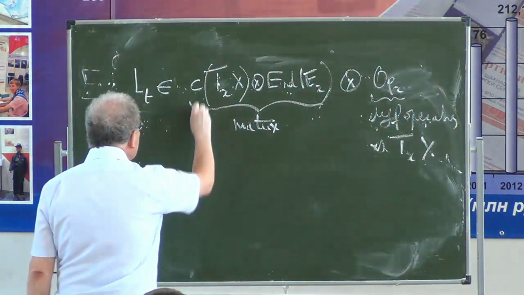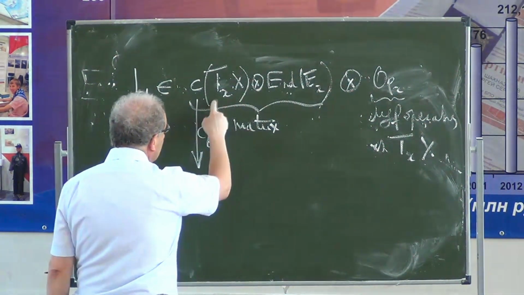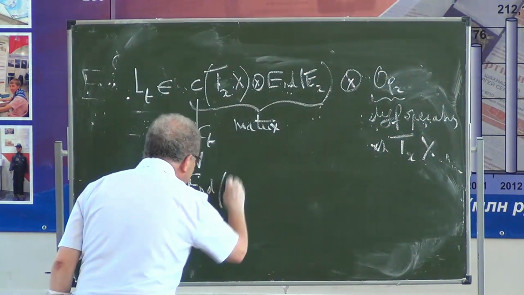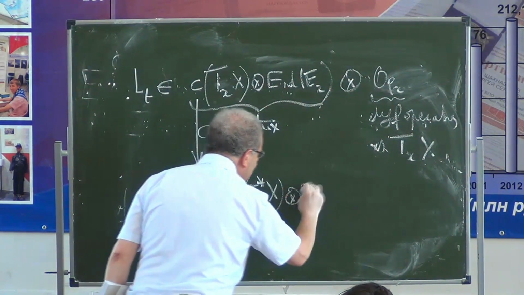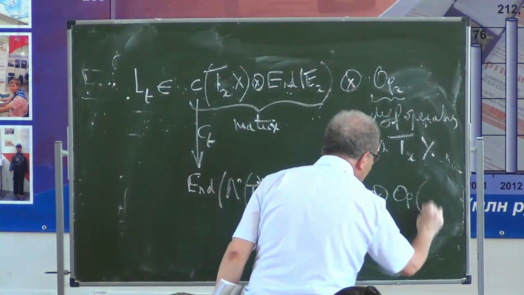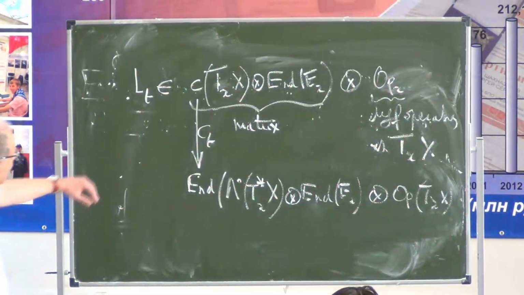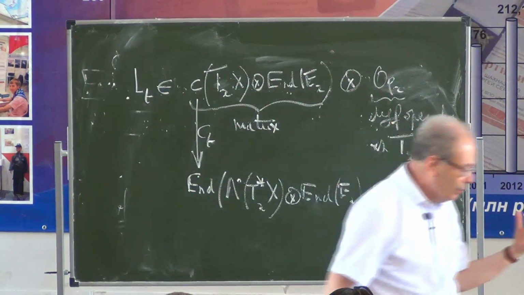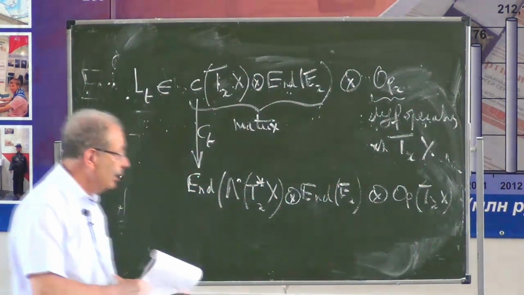And so what we're going to do is make the morphism that I explained before, CT. We make the morphism CT, which means that now I will have here End of Lambda of T star XX tensored with End of EX tensored with scalar differential operators on TXX. That's the last critical step. That's an algebraic step which consists in viewing the operator as a matrix operator with coefficients in the Clifford algebra and using this representation of the Clifford algebra on the exterior algebra.